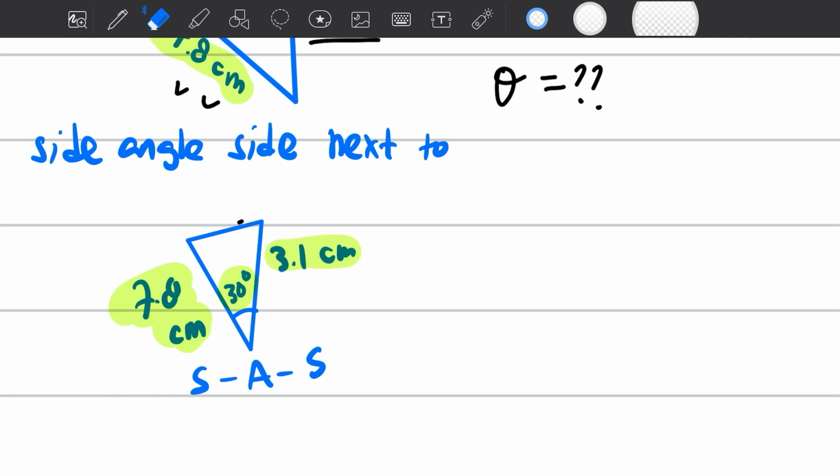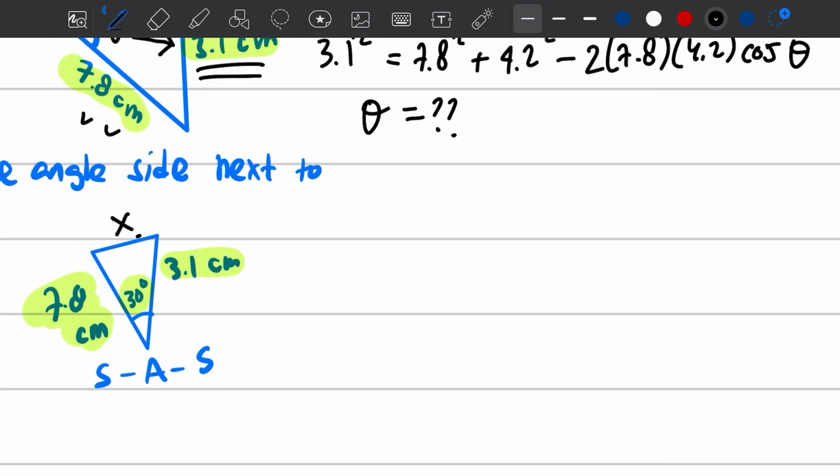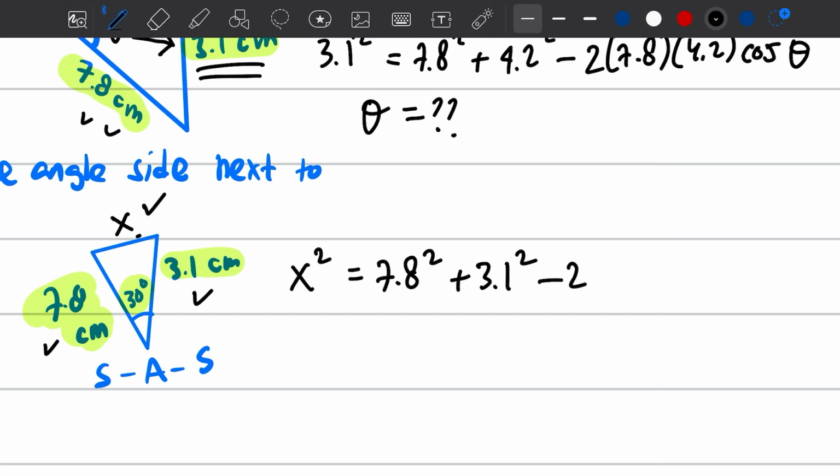Let's say that this is x. Now, we can find x by using the cosine rule. So it becomes x squared, the first side that we want to find, equals the second side, 7.8 squared, plus the third side, 3.1 squared, minus 2 times the second side 7.8, the third side 3.1, cosine of the angle that is opposite to x, which is 30 degrees.